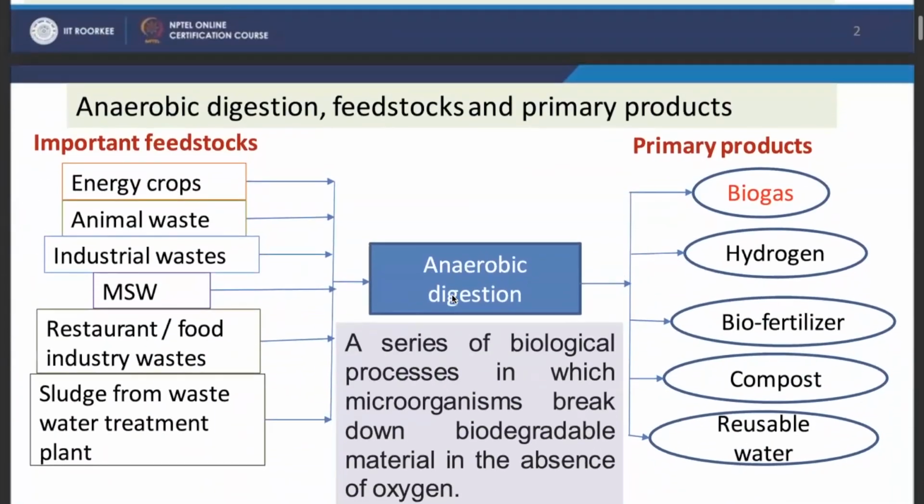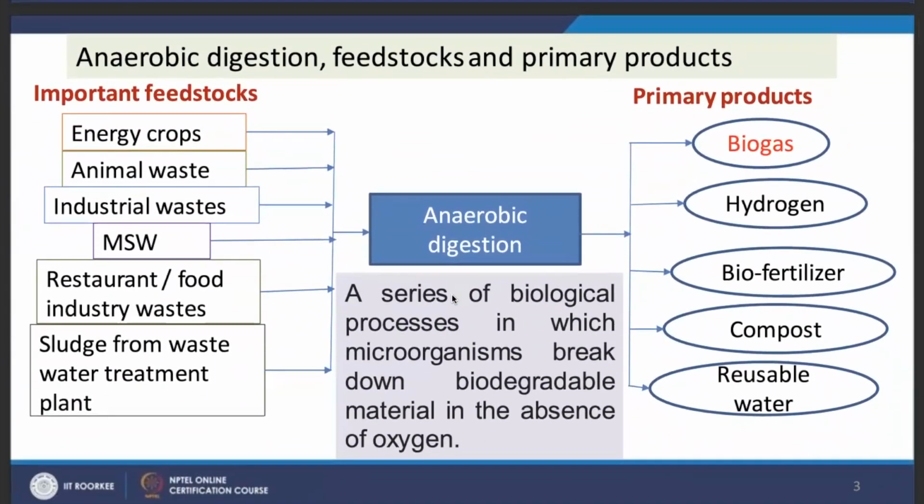So basically, what is anaerobic digestion, or the feedstock and the primary products which are involved in anaerobic digestion? Basically, anaerobic digestion is a series of biological processes in which microorganisms break down biodegradable material in the absence of oxygen, right?